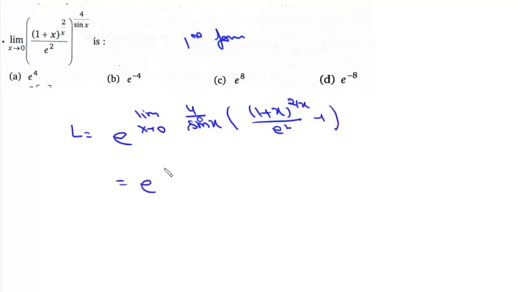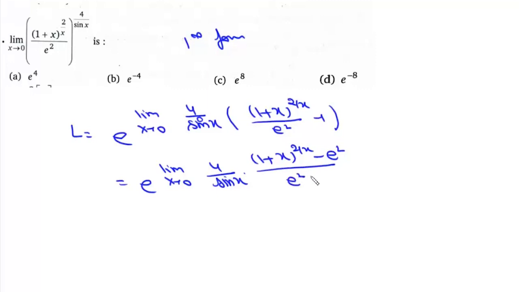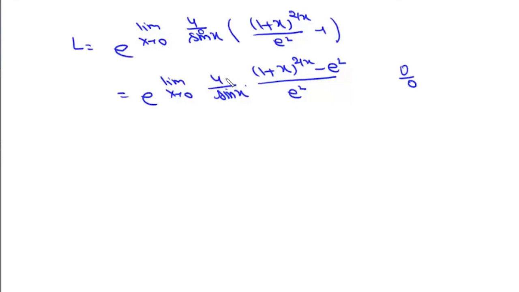So it will be e to the power limit x tends to 0, 4 upon sin x, and here it is (1 plus x) to the power 2 upon x minus e square upon e square. Now what we'll do is, we'll multiply and divide it with x.